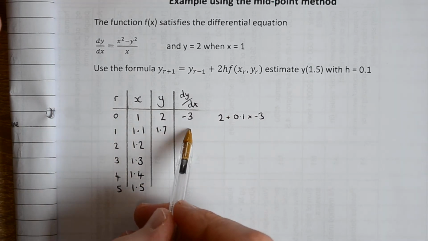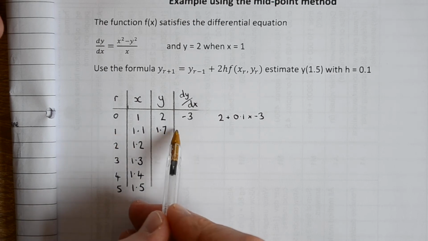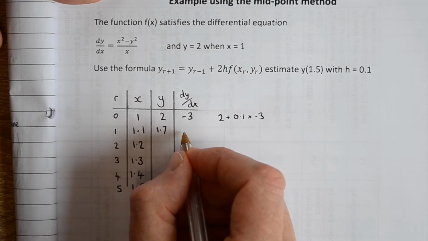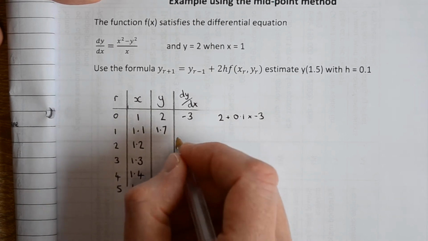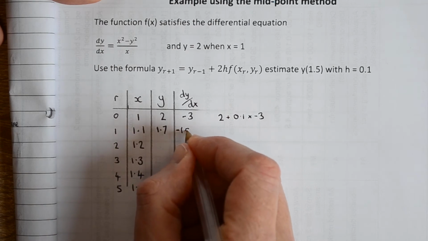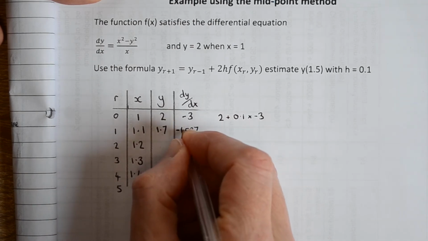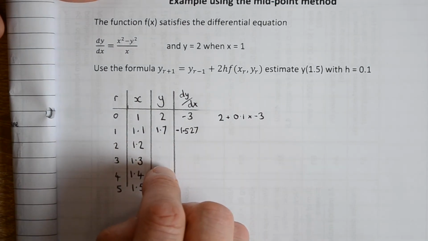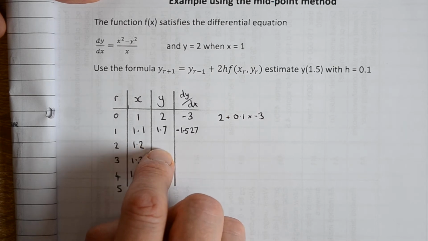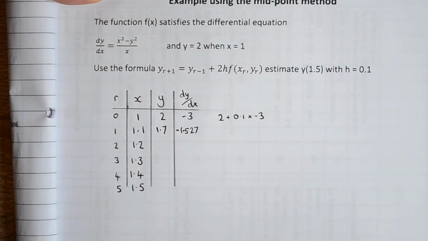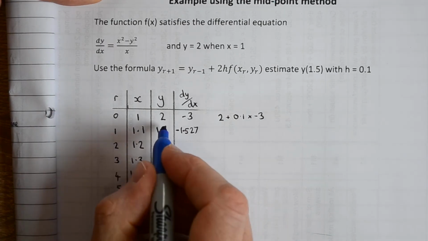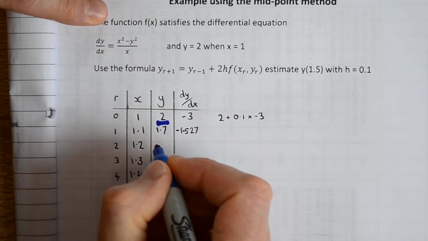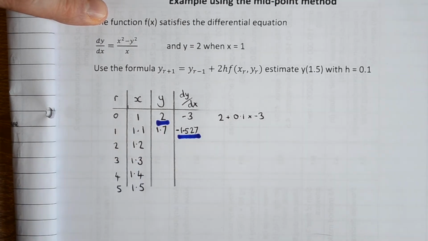Now to find the gradient at this point, we can use our differential equation, sub in our values, and that comes out as -1.527. Right, now we can use this midpoint method properly, because to find out this y value, we want to go back 2 positions to find our y value there, but then we're going to find 2 step lengths using that gradient.